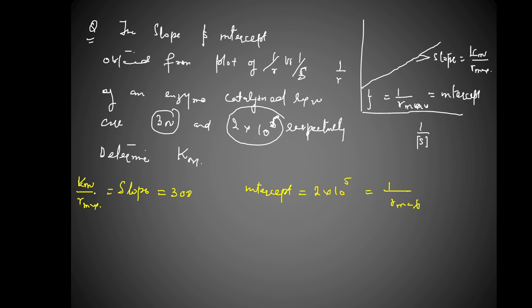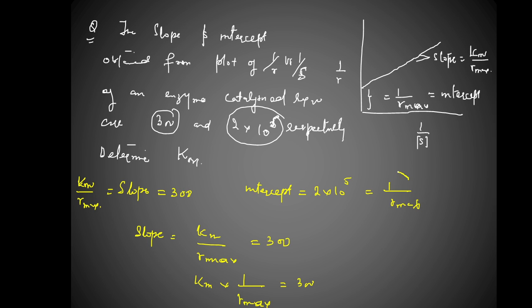I'll write it like this. Slope is equal to Km divided by R max, which is equal to 300. So I can write it as Km into 1 divided by R max is equal to 300.